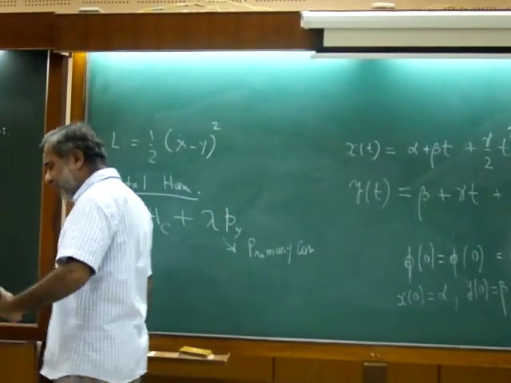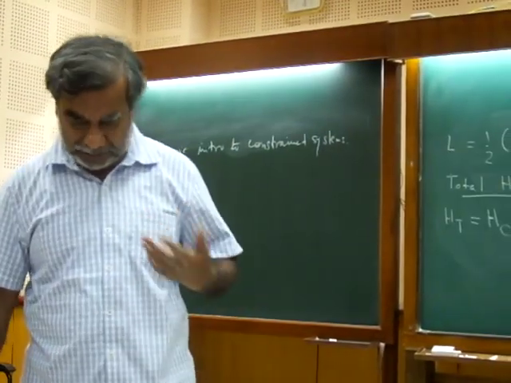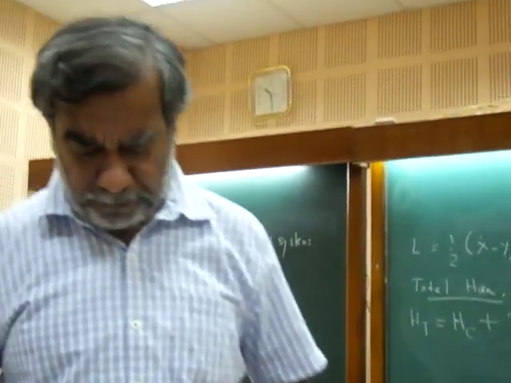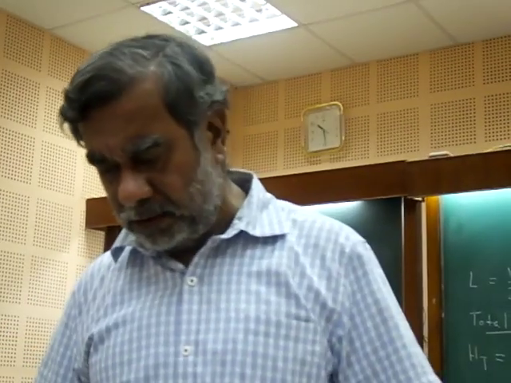This part at least you should know, that you have done even in classical mechanics, the Lagrange multiplier and so on. When you have constraints in the system, you know the variational principle, and you also know the variational principle with constraints, right? You apply the least action and then you get the equation of motion.